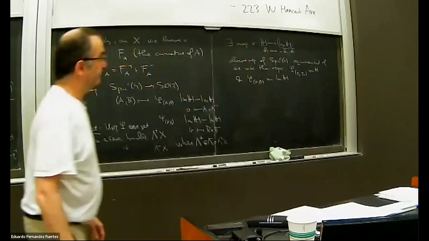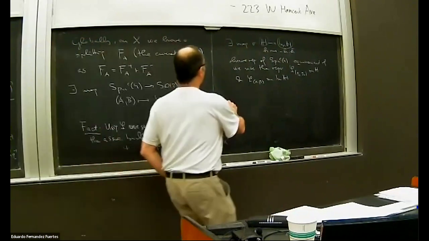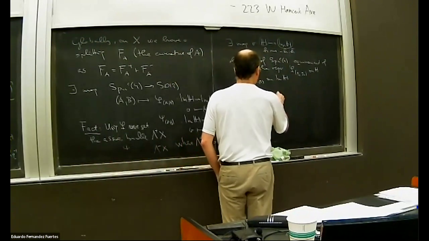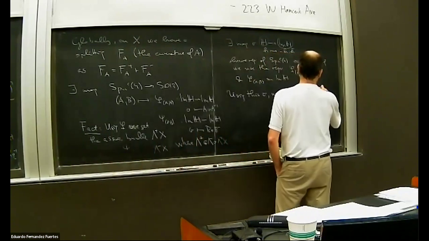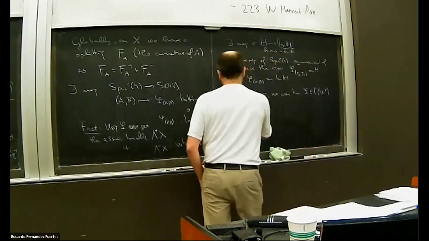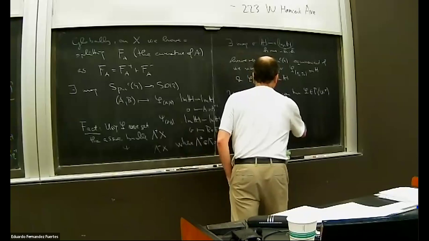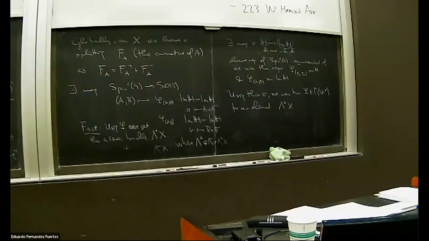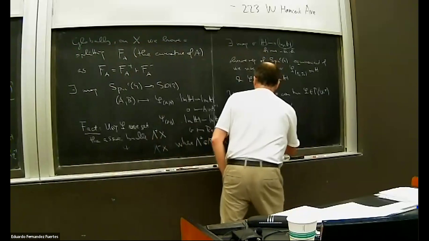So this is just to say that using this sigma, we can turn phi in W plus into an element of lambda plus of X. So we can go from a section of this bundle to a section of this bundle. So this leads us to the following.